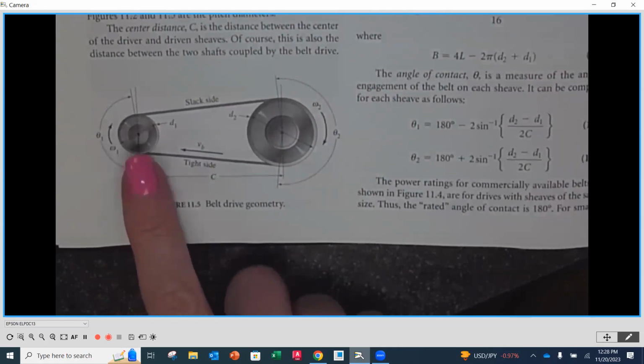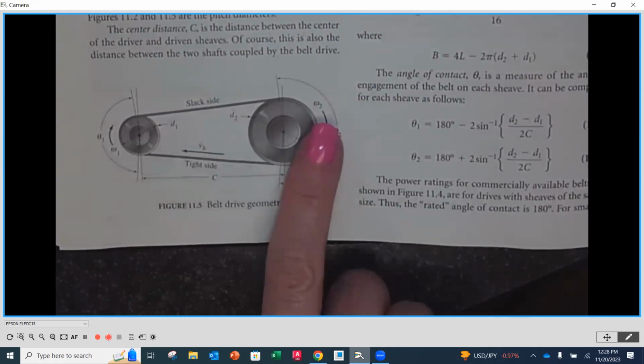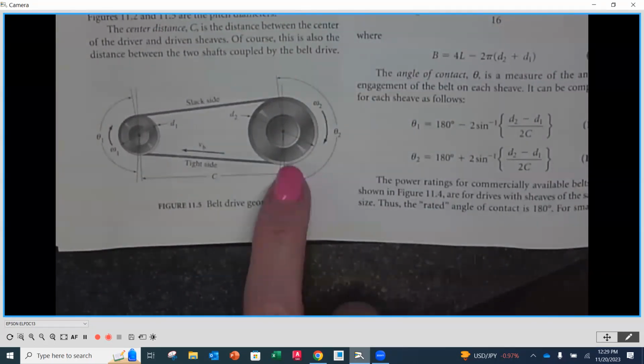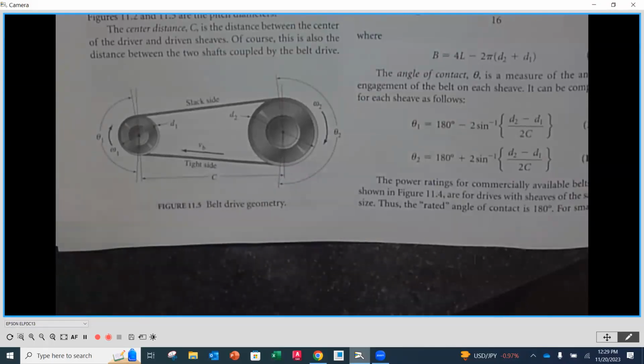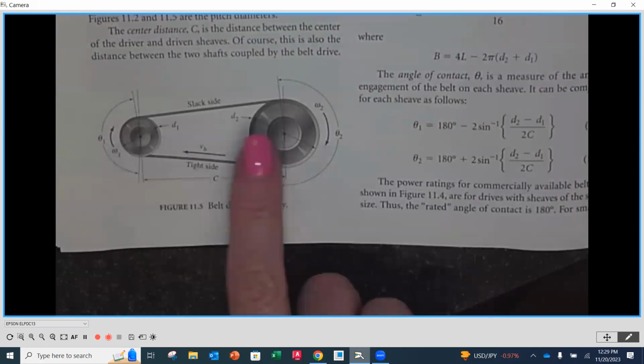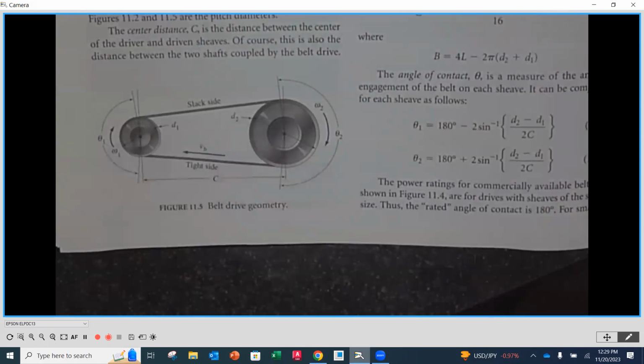So this would be coming off of our motor. And then we are going to be having it engaged with our driven sheave over here, which is going to be larger to slow that speed down, increase the torque, and so that it becomes usable for whatever machine we're looking at. Now, just like with a gear, we can train these together.